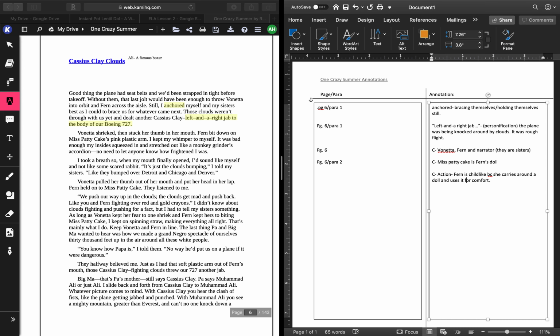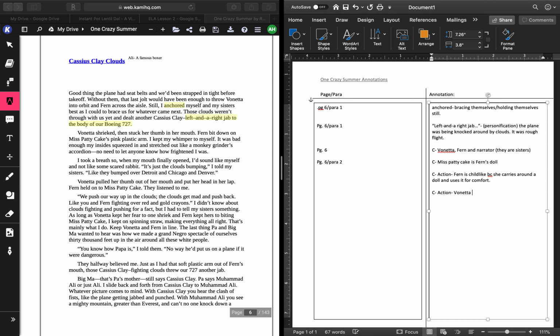We also know that Vonetta sticks her thumb in her mouth. Vonetta sticking her thumb in her mouth might suggest that she too is young. So we are going to go ahead and put C again. Action.